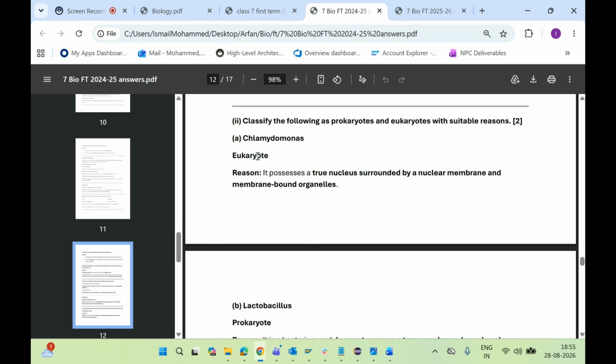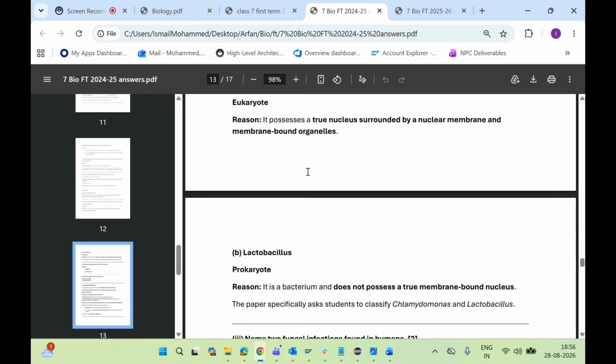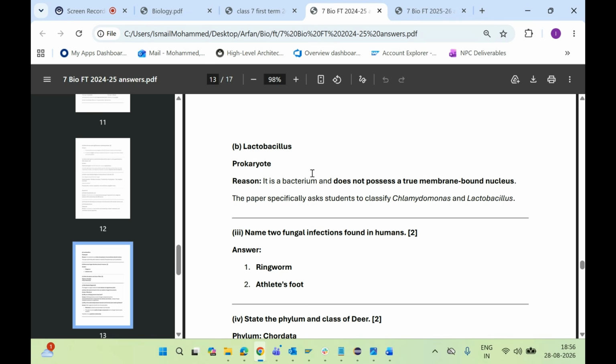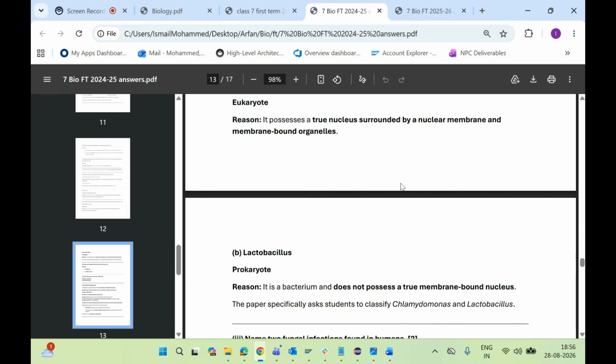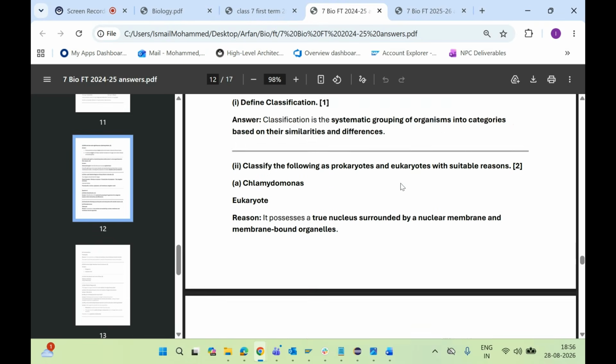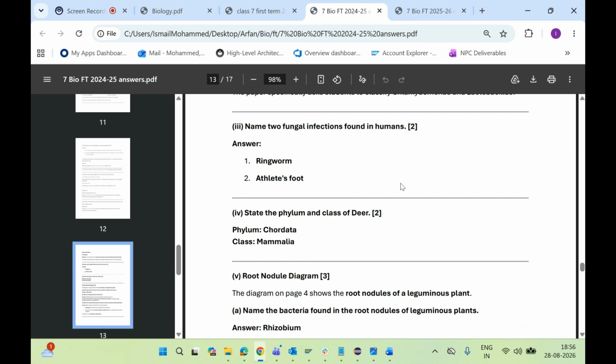So that is the meaning of eukaryote. Whereas Lactobacillus is a prokaryote. It means that they don't possess a definite nucleus and nuclear membrane. It is a bacterium and does not possess a true membrane-bound nucleus. Okay, so these ones you have to mention with respect to prokaryote and eukaryote. So Chlamydomonas is eukaryote and Lactobacillus is prokaryote.